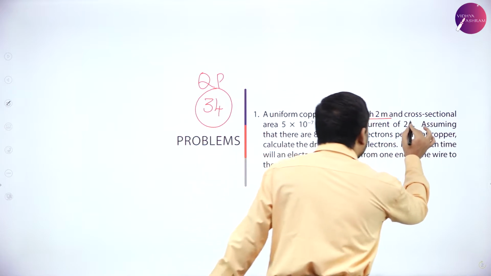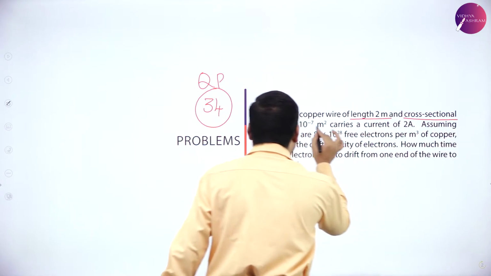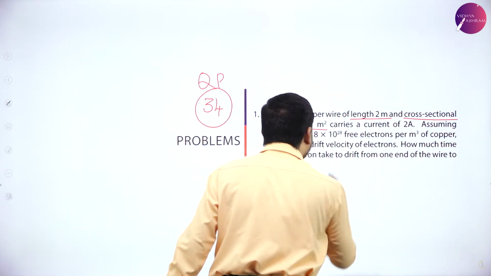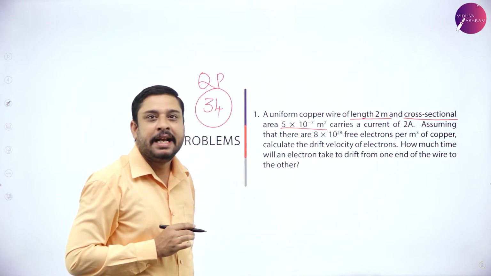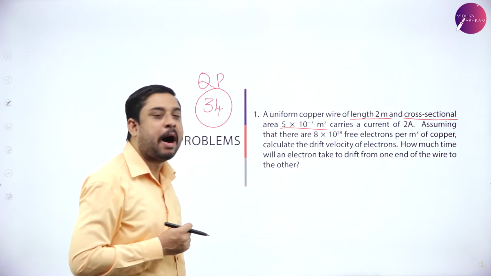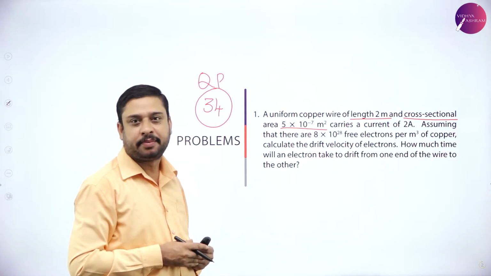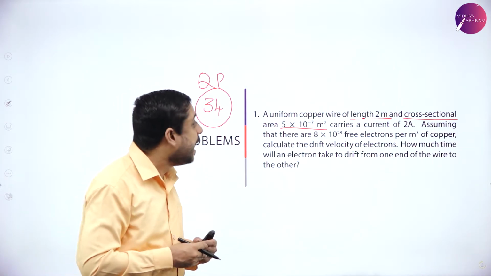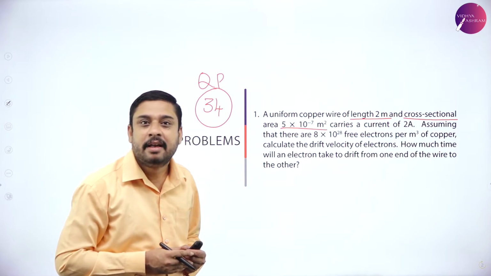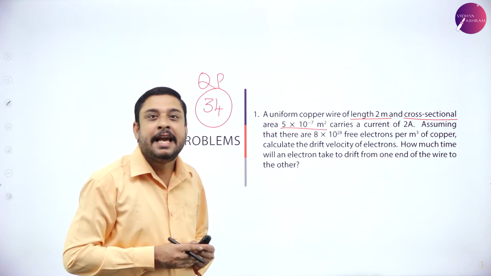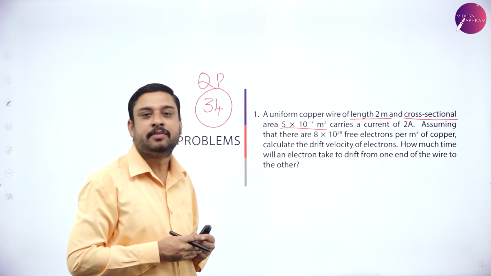And cross-sectional area 5 into 10 power minus 7 meter square. Length is given, length is 2 meter.